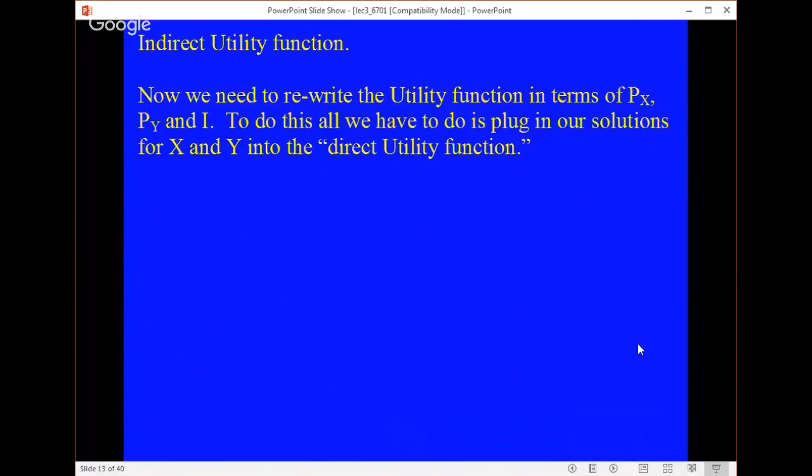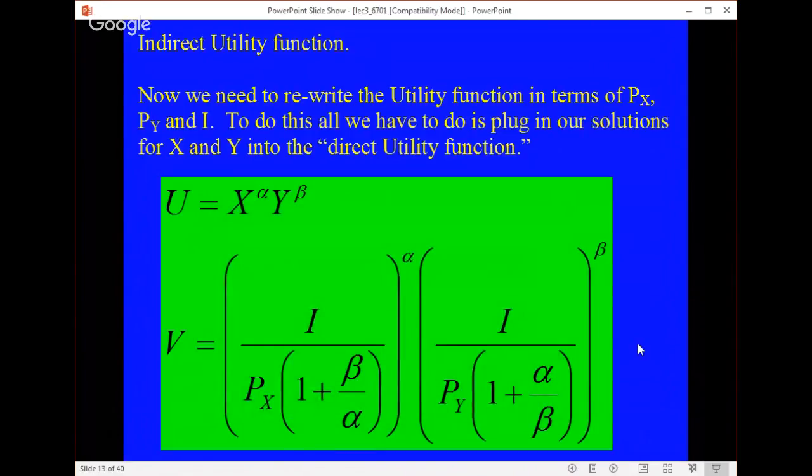is go ahead and plug these two Marshallian demand functions into our original utility function, right? And what that's going to do is it's going to give us utility in terms of income, I, and our prices, Px, Py, and of course those two constants, those two exponents, beta and alpha. And we're going to call that our indirect utility function, right?